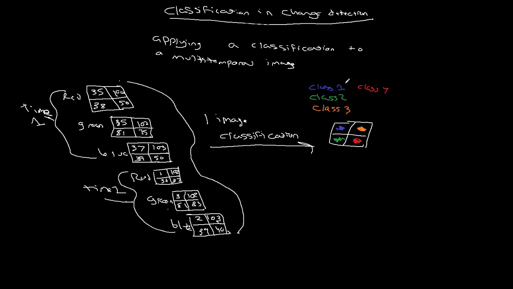So this would be unsupervised classification. We would have to then figure out what these different classes mean by looking at the imagery and doing all those elements of interpretation that we did for unsupervised classification. If this was supervised classification, you would manually label these pixels. You might manually label this pixel as burnt earth or forest to burnt ground.